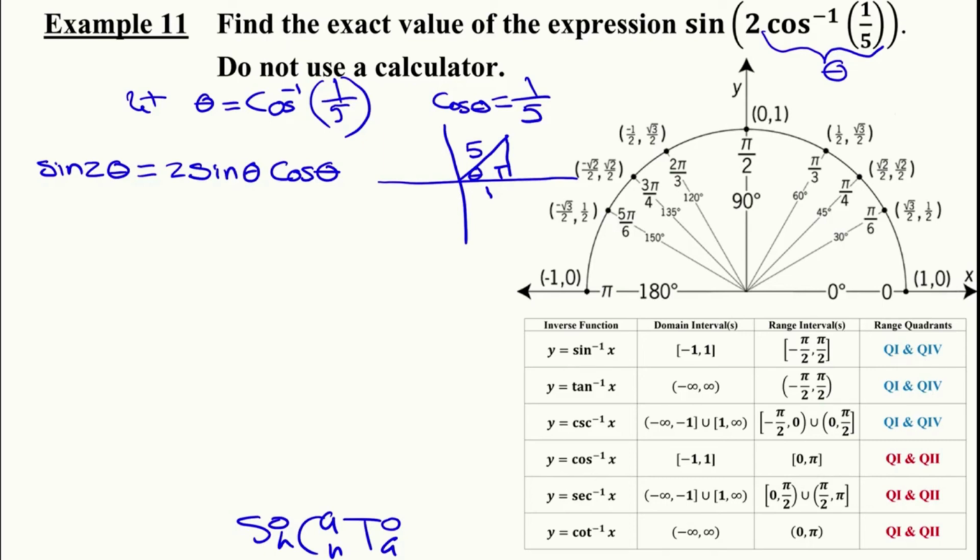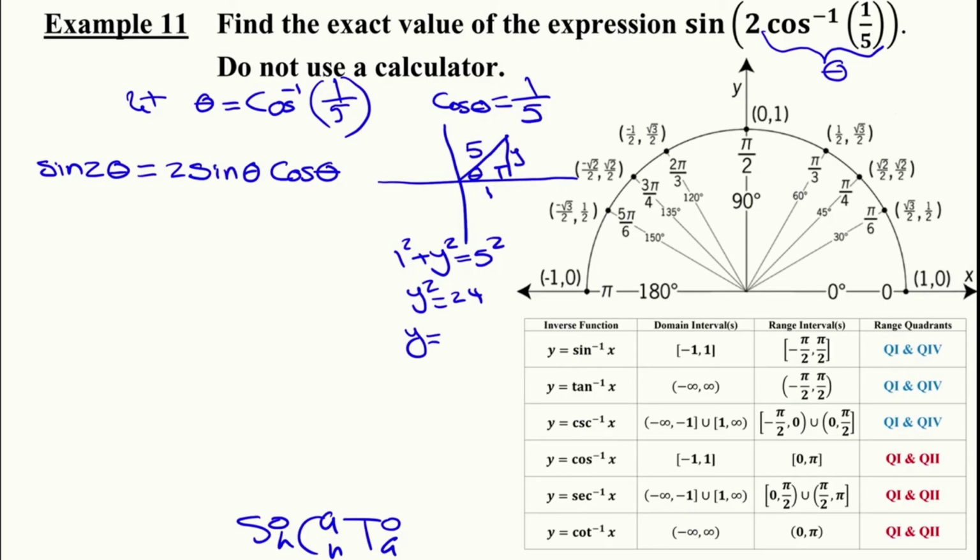So let me just call it y. So I get 1 squared plus y squared equals 5 squared. So y squared equals 25 minus 1, which is 24. So we get y is equal to, remember here we're in the first quadrant, so the y values are going to be positive.